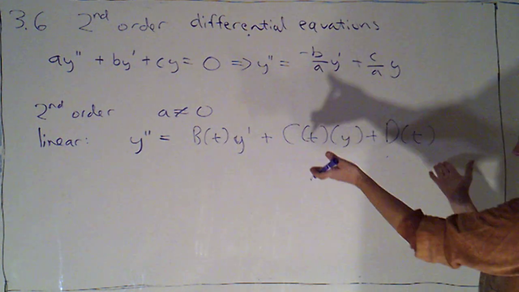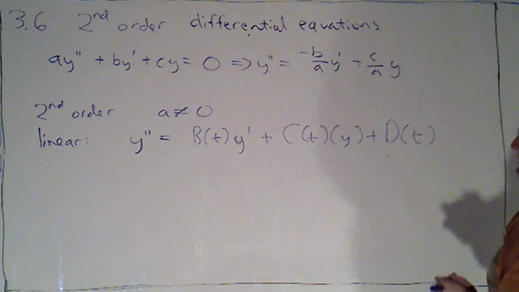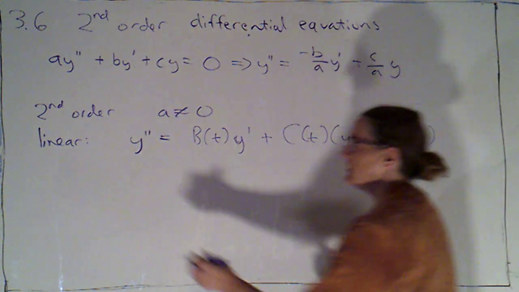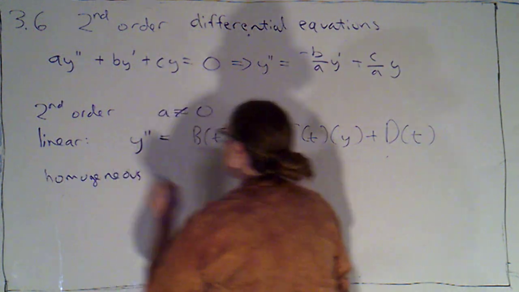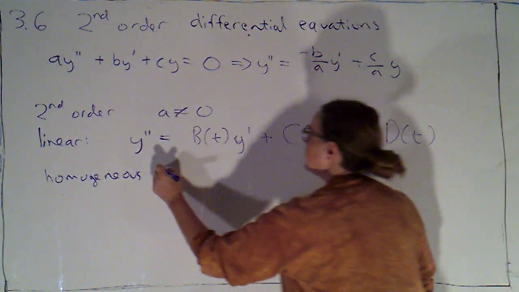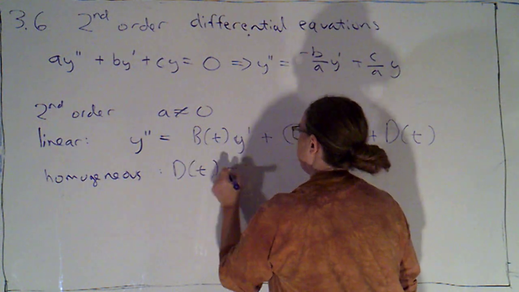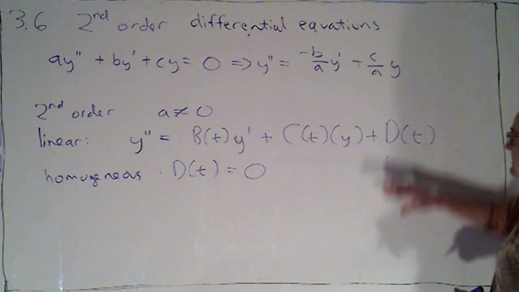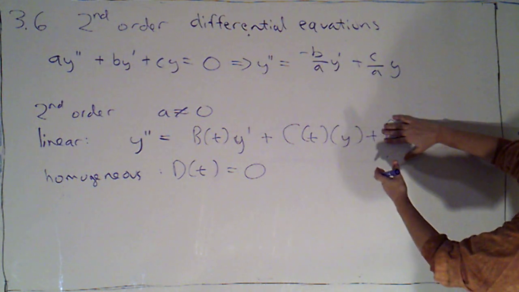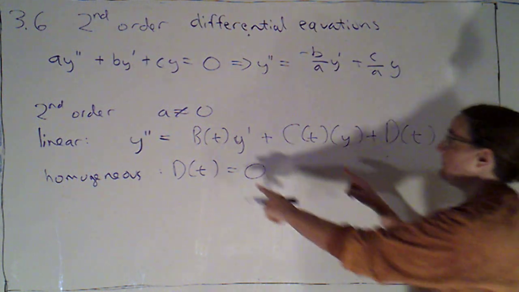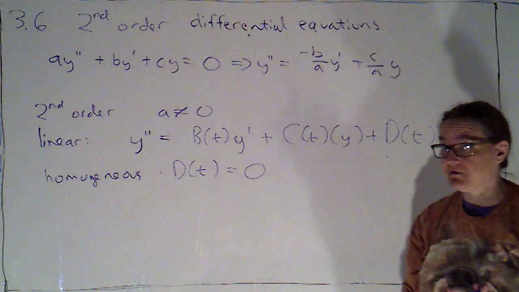So it's linear because it does satisfy this, but it's also homogeneous. Now, homogeneous just means that d of t is zero. So that means that I can express the second derivative as some y primes and some y's. Still allowed to have functions of t as my coefficient functions.